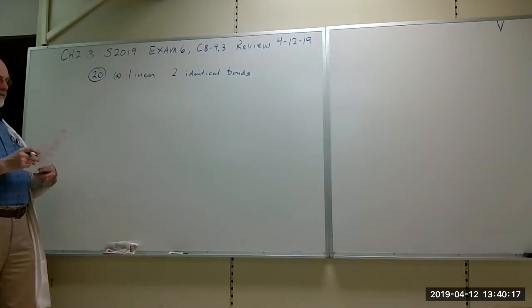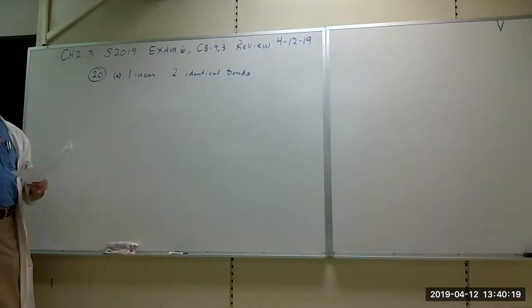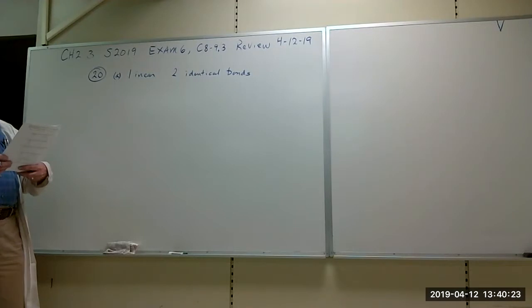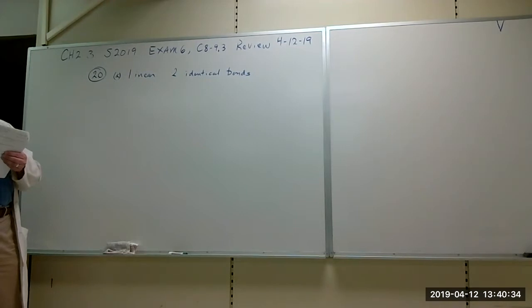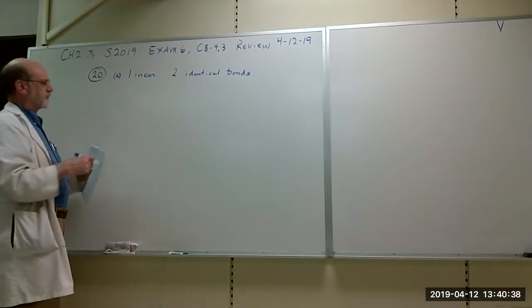If the bonds are identical and it's linear, it doesn't matter if they're polar or nonpolar, because the identical polarity of the bonds will cancel each other out. That's not worded very well. Okay, I get its meaning.